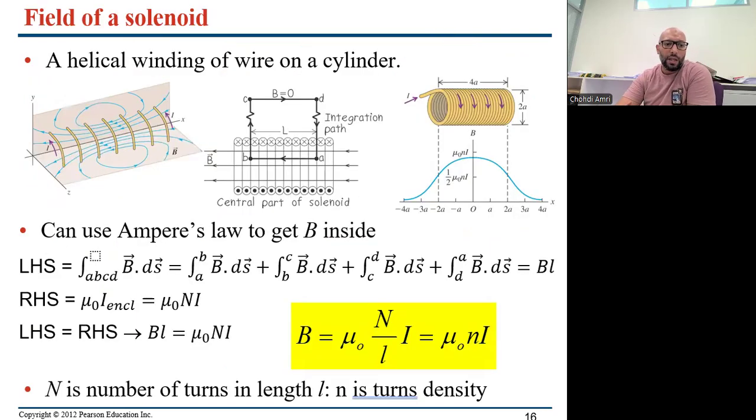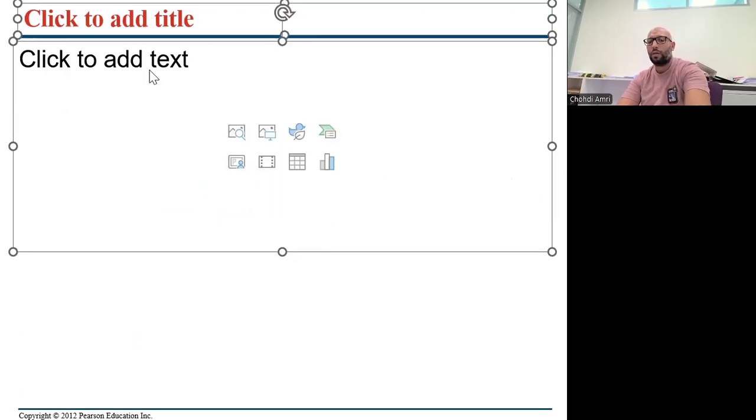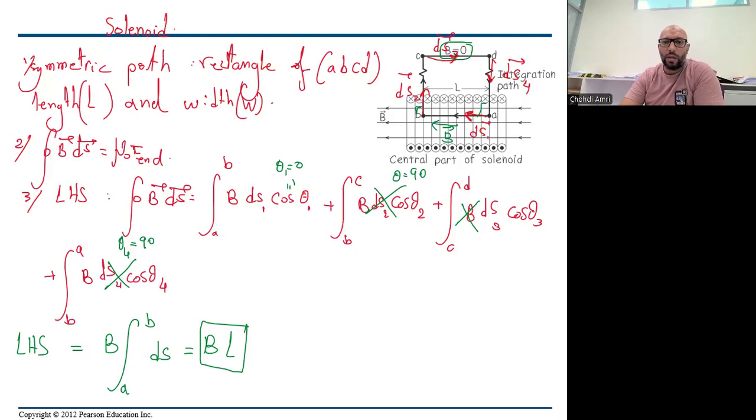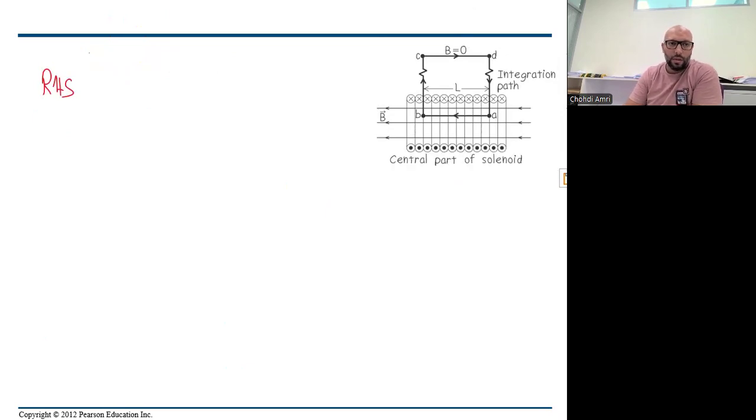Let's continue with the right-hand side. As you see in this figure, how much current are we enclosing? N number of currents. So mu naught I enclosed is going to be equal to mu naught multiplied by the number of turns multiplied by the current I, because you see this is current number 1, number 2, number 3, number 4, etc., up to the number of loops n.